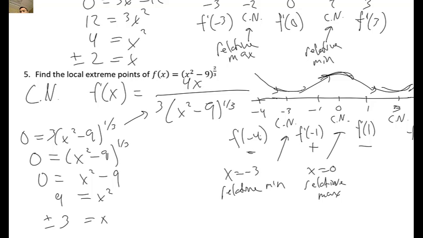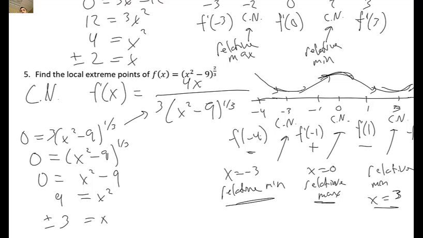And then it bottoms out again at 3, so another relative or local min at x equals 3. Now if you wanted to know the actual max or the actual min, that would be the y value. But if you wanted to know the y value for those x values, you just plug those into the function instead. But this is when they occur, and that's the hardest part to find.